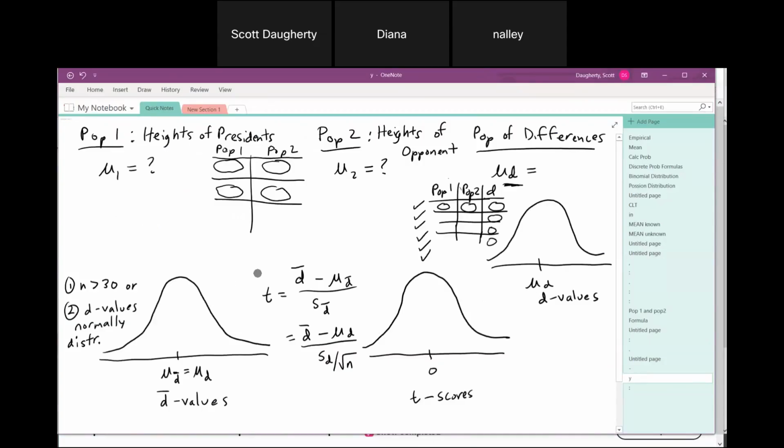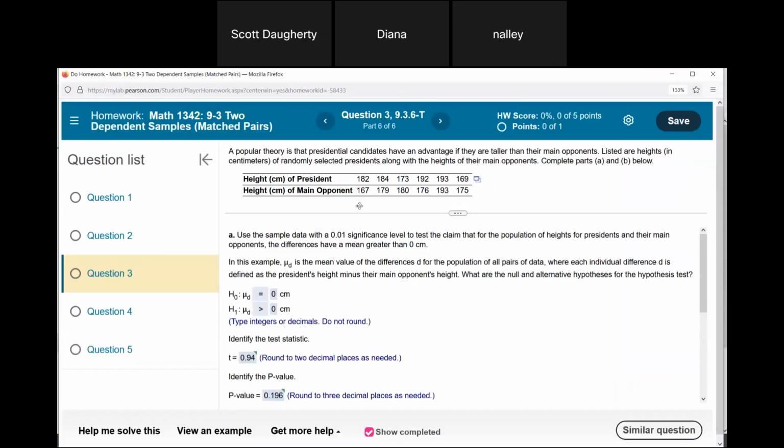So what's going to happen is, when you look at your sample data, what we're going to do is take the difference again between the president's height and their opponent's height, and find the difference in those just from the sample data.